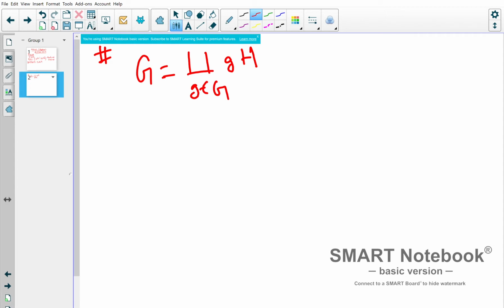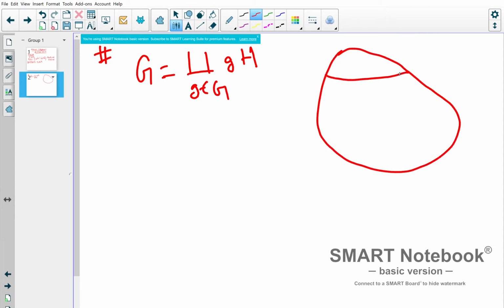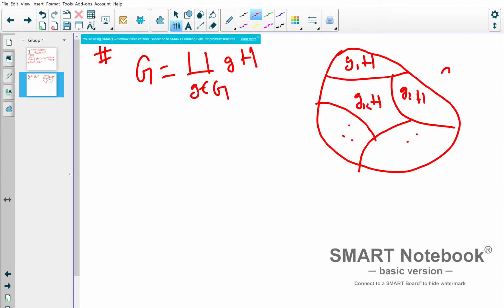So if you have a group G and these cosets g1H, g2H, and so on up to gkH, I don't know how many such there are, and these form a disjoint union.